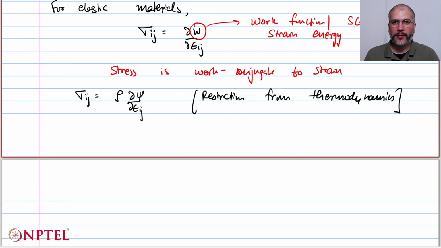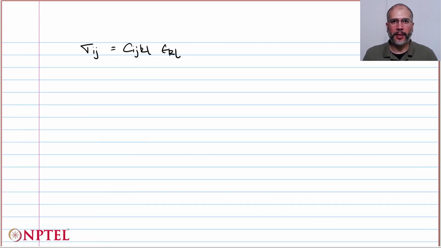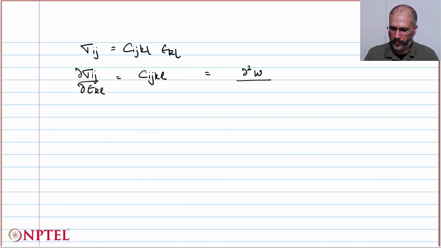So now with the idea of this W, or the scalar potential, for a linear elastic material, if I take the derivative of sigma with respect to epsilon KL, what I get is Cijkl, which can be written as del 2W by del epsilon ij times del epsilon KL.